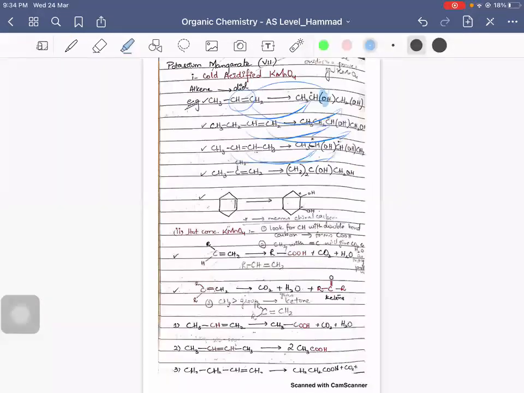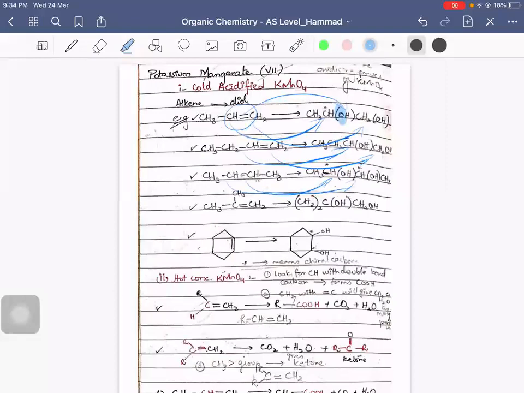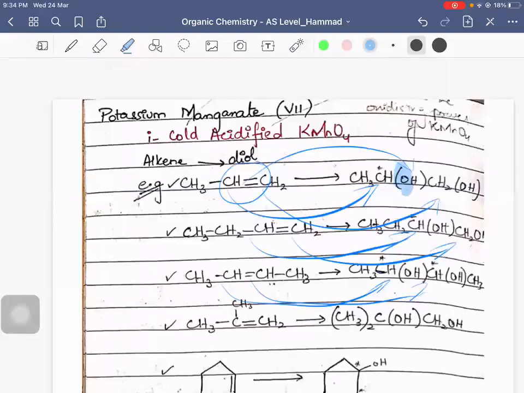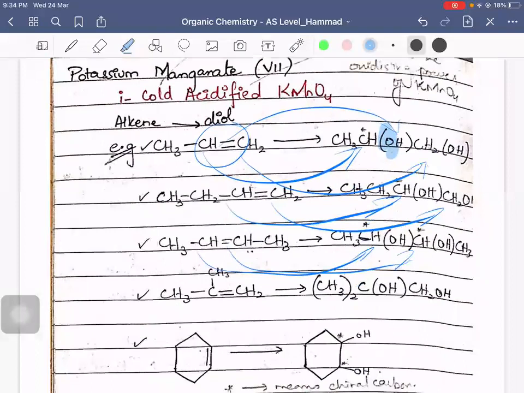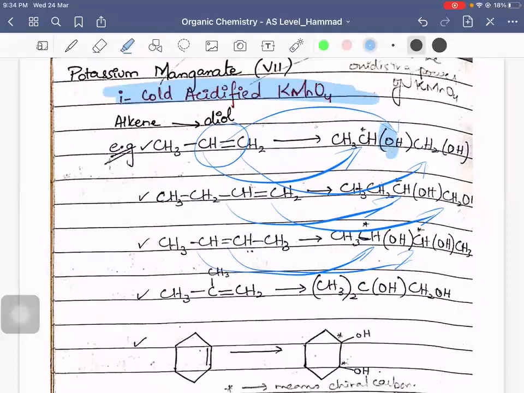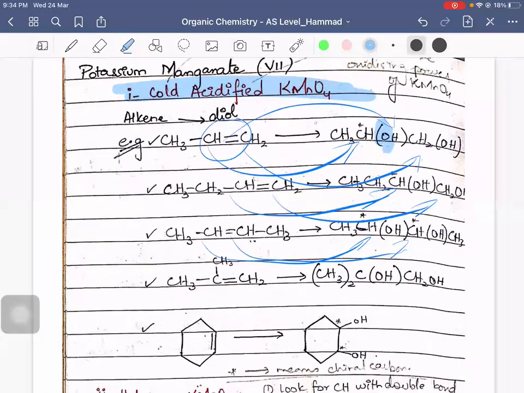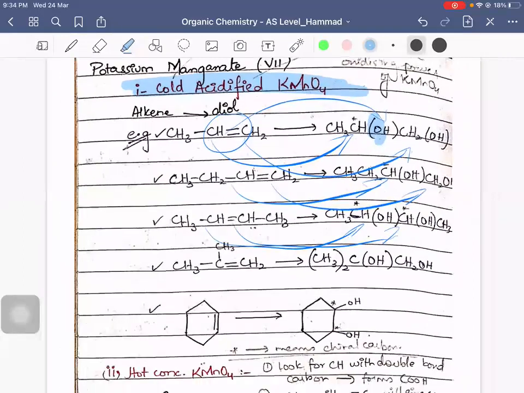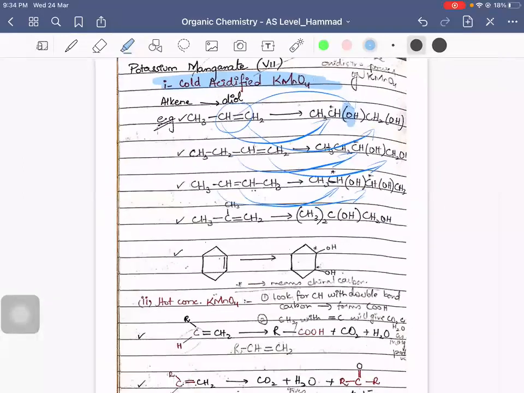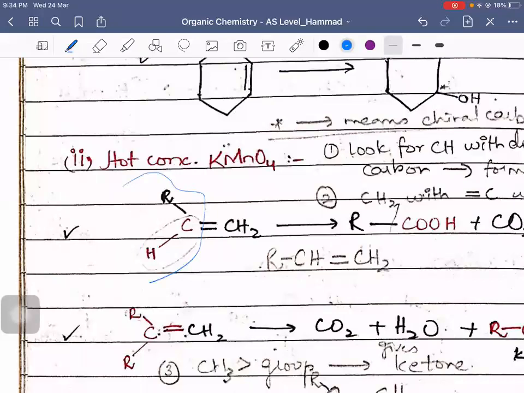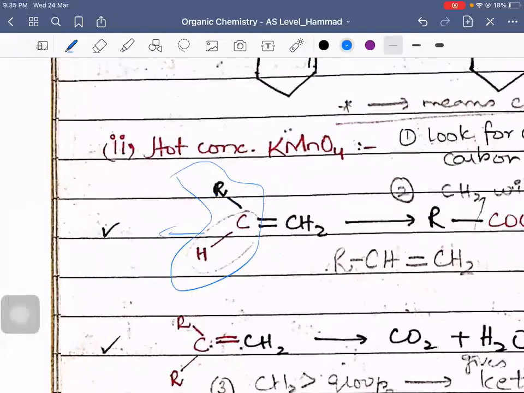Moving forward, in cold conditions, KMnO4 converts the alkene into a diol. In hot conditions, KMnO4 has a different role. Now let's say this is an RCH molecule. It will take one side of the double bond, which is RCH.